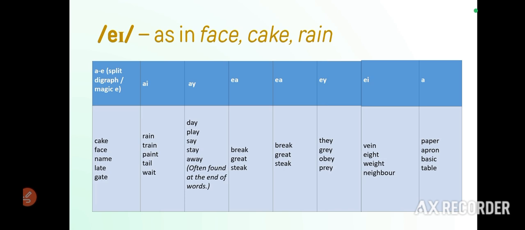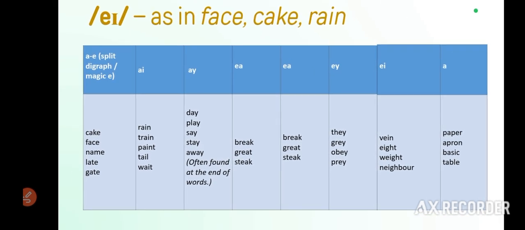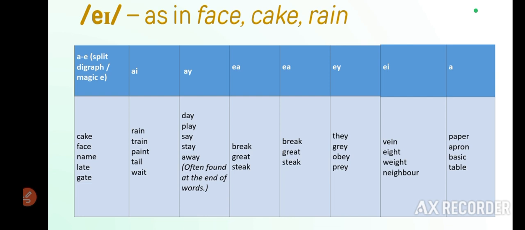Now, the sounds are spelled or appear in different forms in different ways in words. Sometimes these words are pronounced and they have phonograms that are quite different from the way the sound appears.